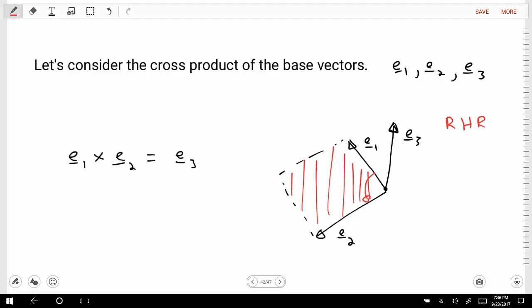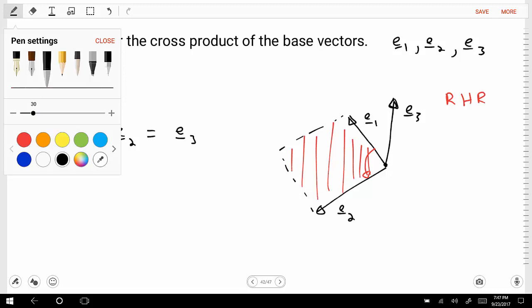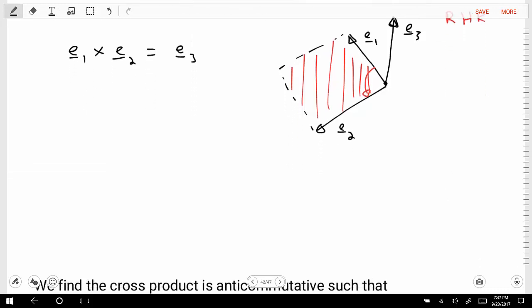So with our fingers, the first vector e1 is our first finger here. The second vector is the second finger, and the thumb represents the direction of the cross product. Now if we were to switch the order, so say we want to do the cross product of base vector 2 with respect to 1, well, we'll find that our solution is actually negative base vector 3.